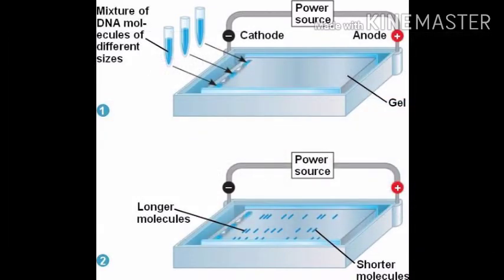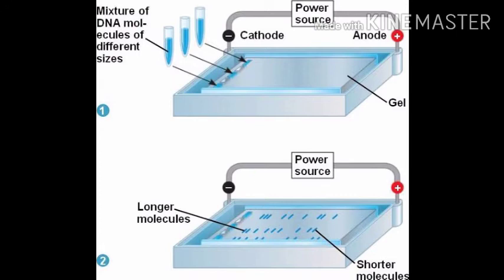When the power source is switched on after all the loading is done, the electrical current flowing through it will help in separation of the DNA or RNA, whatever is loaded there, because it will be attracted towards the anode. While this is happening, the pores within the gel will help in separation, because only smaller particles can move faster, and the heavier or larger particles will remain behind.